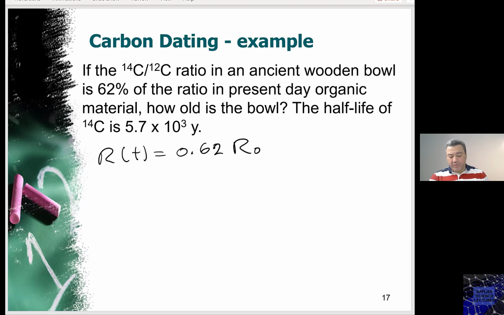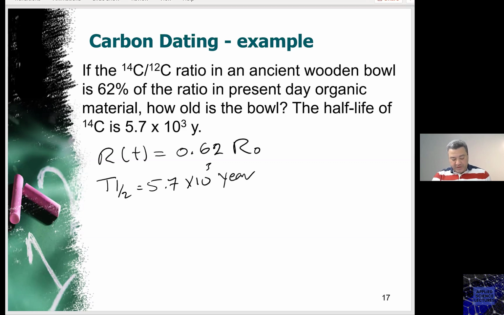How old is the bowl, if you know that the half-time of the C14 is 5.7 times 10 to the power 3 years. So here I have T half as 5.7 times 10 to the power 3 years.